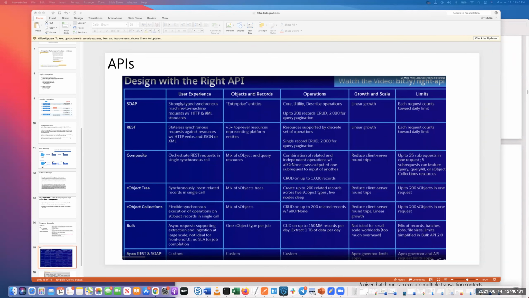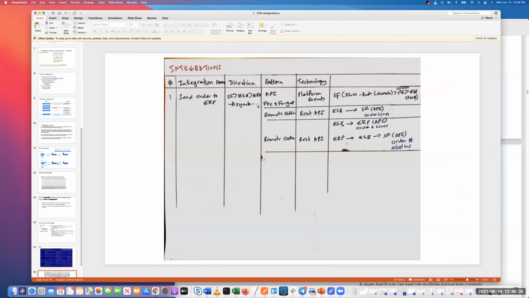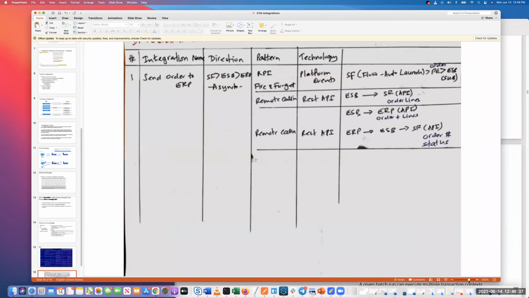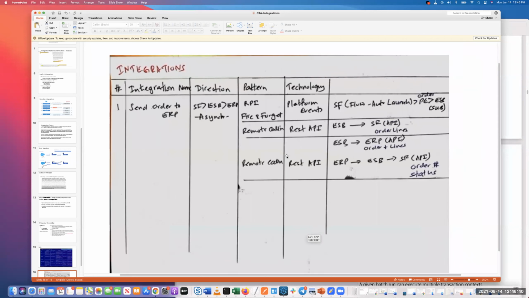Okay. So the other thing I want to highlight was on my integration slide. In the first attempt I did a table, but in my second attempt I started to draw. So these are the columns that I used: integration name, the direction. This direction and sync I got from Tamim's book.